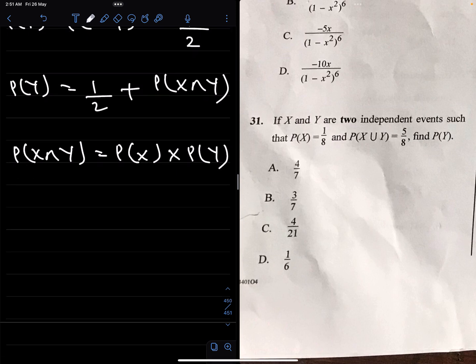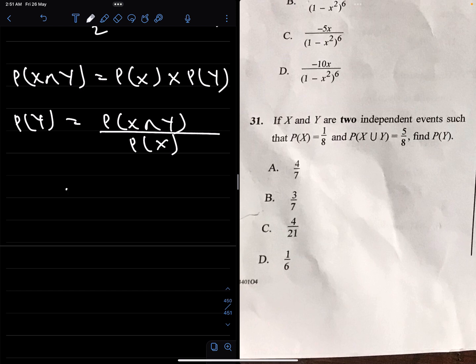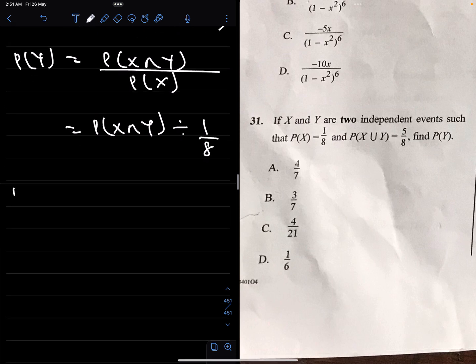That means the probability of y is the probability of x intersection y divided by the probability of x, which is 1 over 8. Dividing by 1 over 8 means times 8 over 1, so the probability of y equals 8 times the probability of x intersection y.